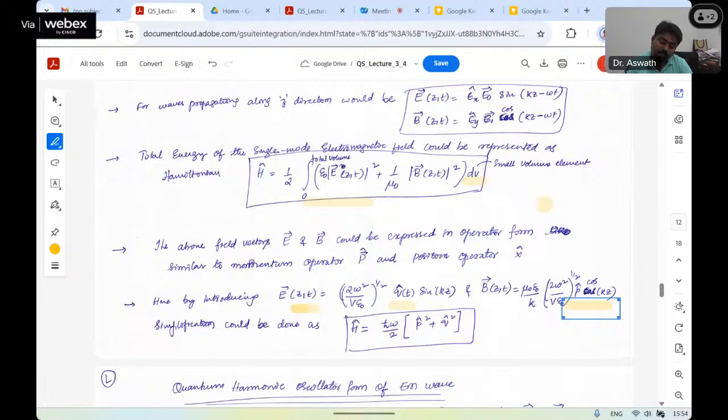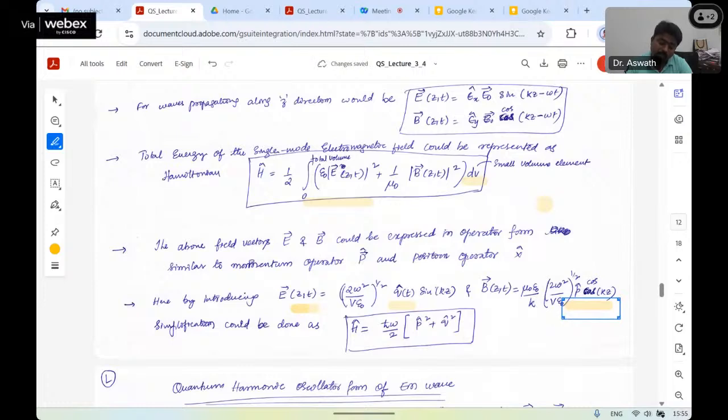If I substitute with some scaling factors, you can cross check what they are later, which will involve omega, the frequency of the electromagnetic wave, and V, the total volume. Epsilon naught is the permittivity of free space, and mu naught is the permeability of free space. They describe whether electric field lines can go through free space smoothly, described by epsilon naught, and whether magnetic field lines can go through free space, described by mu naught.